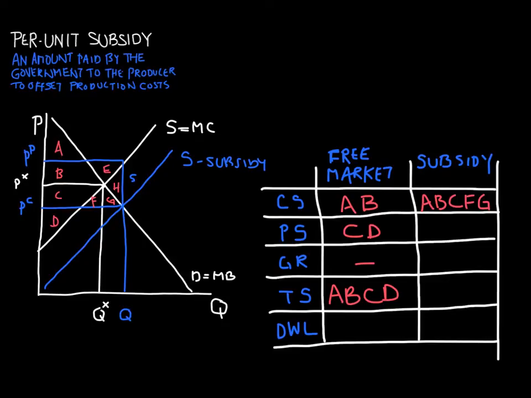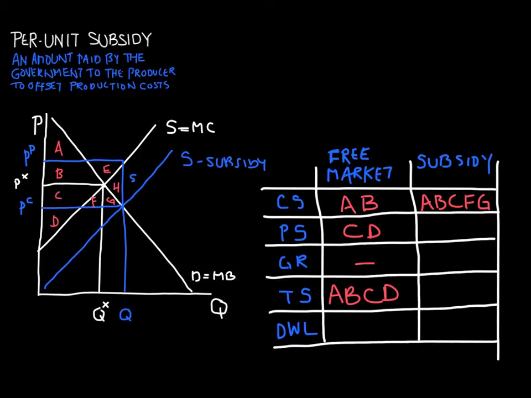So in this case, we can see that the price received is this line right there, and of course the supply curve is right there. Notice that if you use the new price, then you have to use the old supply curve. So don't use the new price and the new supply curve, because then you're going to be double counting the subsidy. You're going to count it twice.